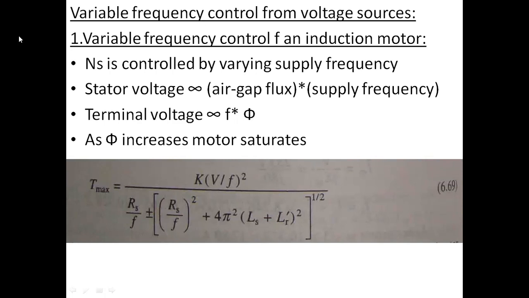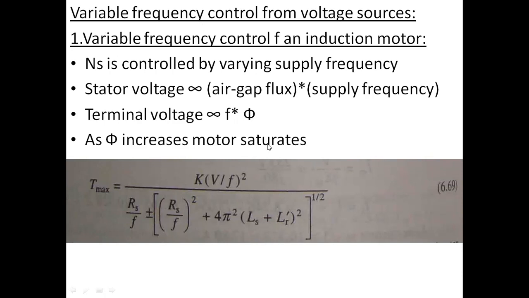We are taking these assumptions. First, Ns, that means the synchronous speed of the stator side, is controlled by varying the supply frequency. The voltage induced in the stator will be directly proportional to the product of air gap flux and the frequency of the supply.